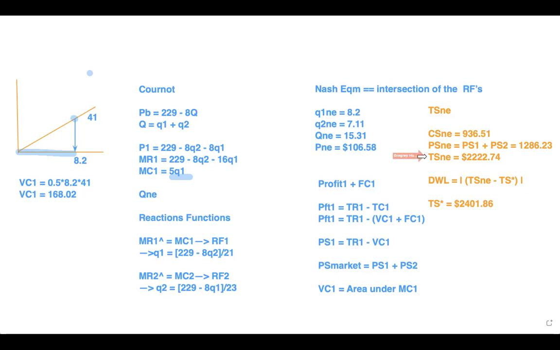And because these firms have market power, they end up having less total surplus in the market overall.